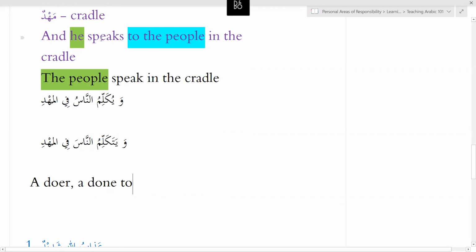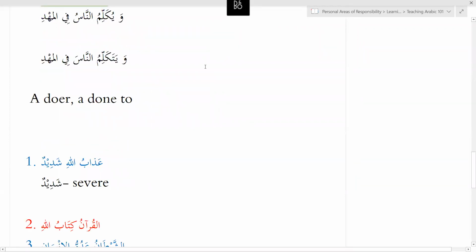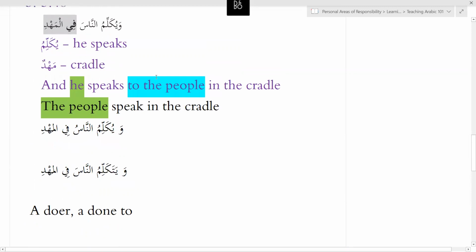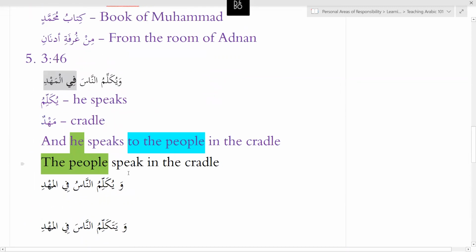Now try giving this in Urdu. Whoever is good in Urdu or in Hindi, how would you say the sentence in Urdu? And he speaks to the people in the cradle. How would you say this in Urdu?